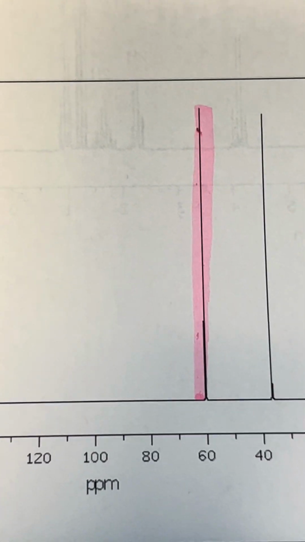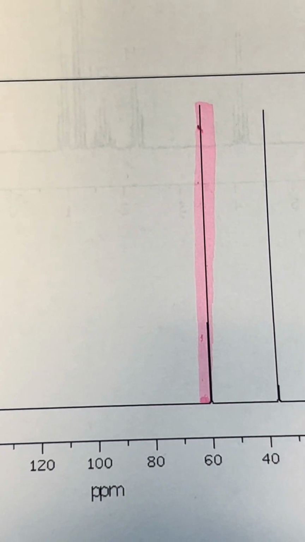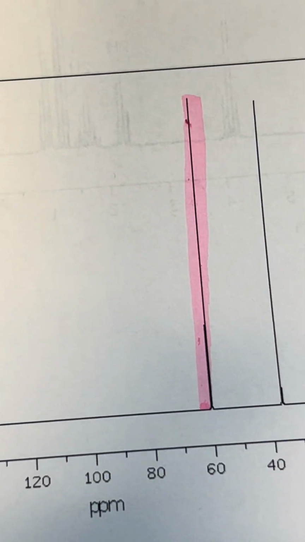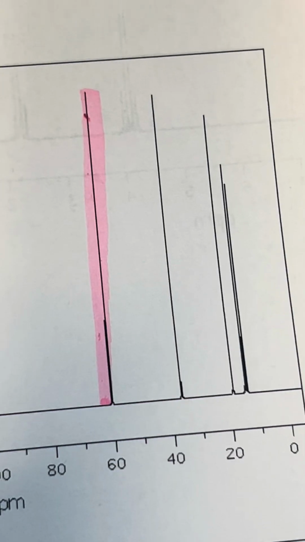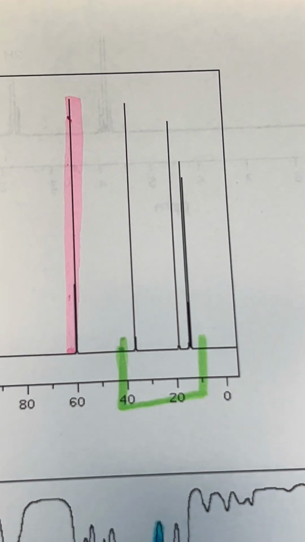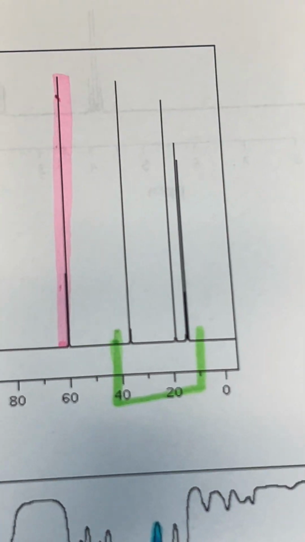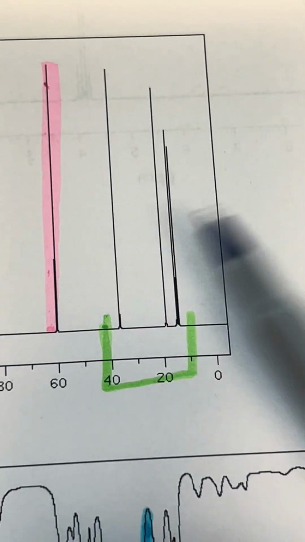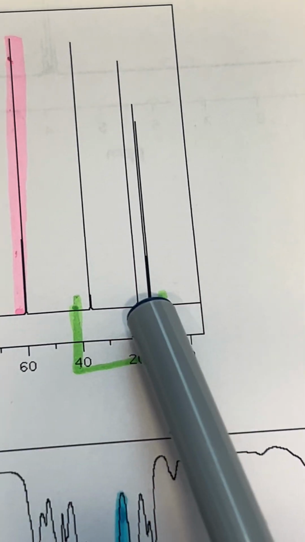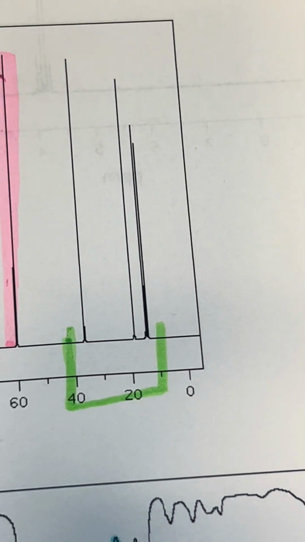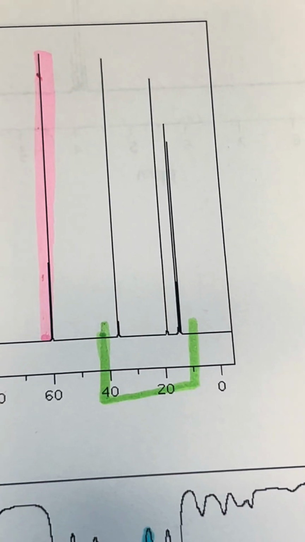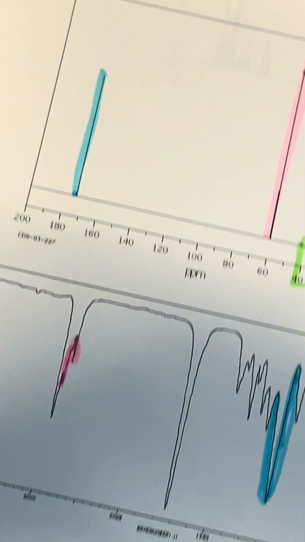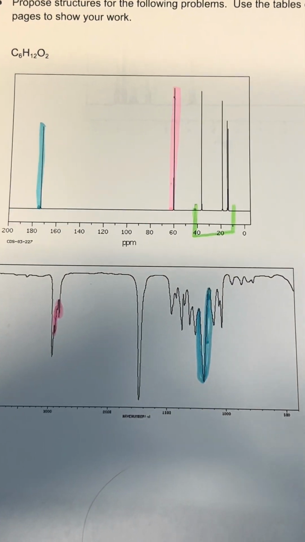This likely corresponds to a CH2 bonded to an oxygen, again supporting the ester presence, and this is likely speaking toward an ethyl ester group. The remaining peaks fall between 10 and 40, so that speaks towards different types of alkyl CH2 and CH3 groups. So those are the ideas that we get from these two spectras.